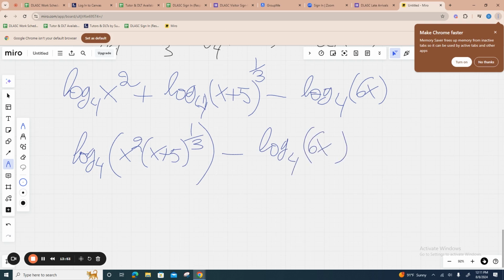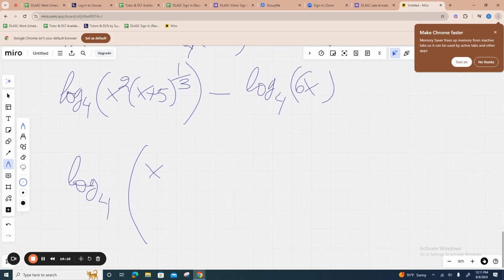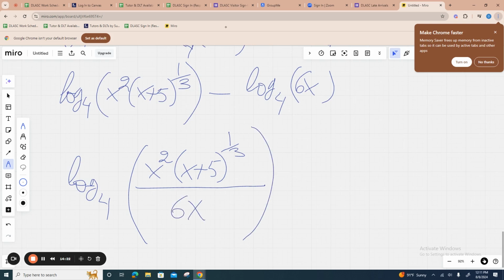Okay, now we can use that minus to create a division. So our final answer is going to be log base 4 of, let me show what we got, x squared times x plus 5 to the 3rd at the top of our fraction, our top of our division, over 6x.